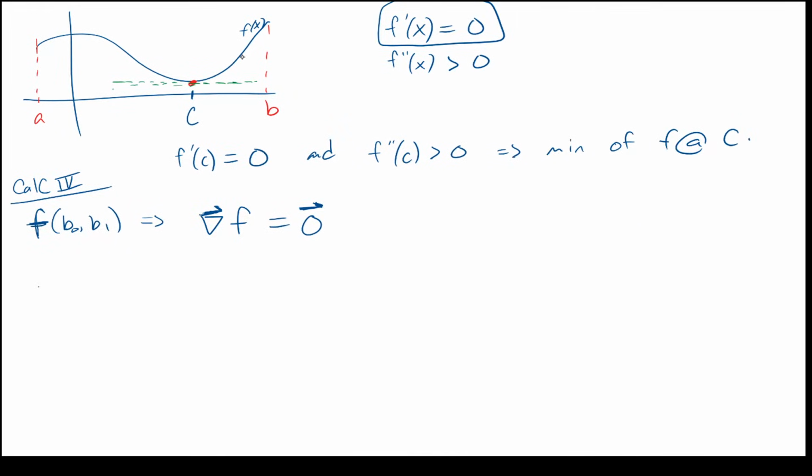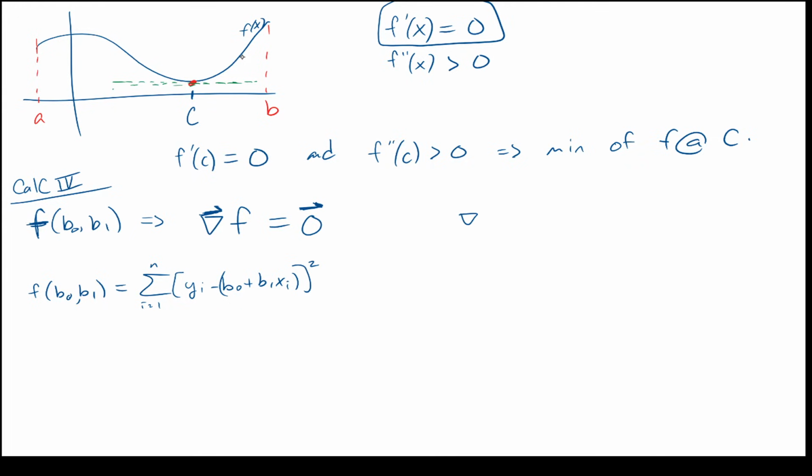So what's our function? F of b0, b1? Well, that's going to be the summation i equals 1 to n of yi minus parentheses b0 plus b1 xi, squared. So that's our function. And what's the gradient?